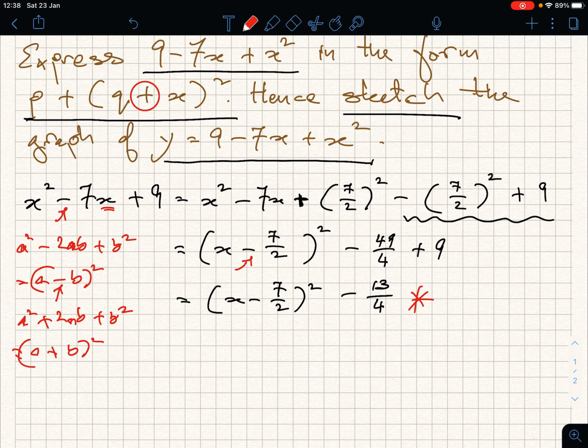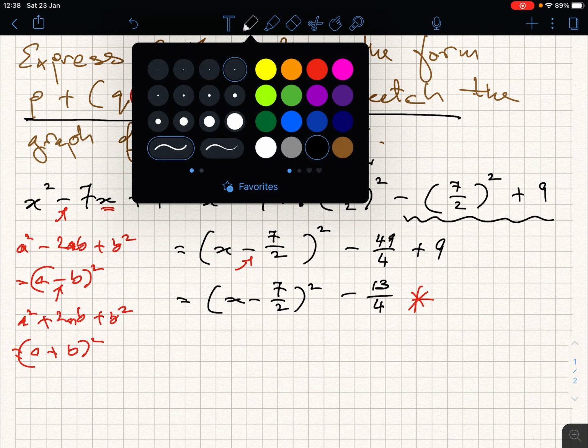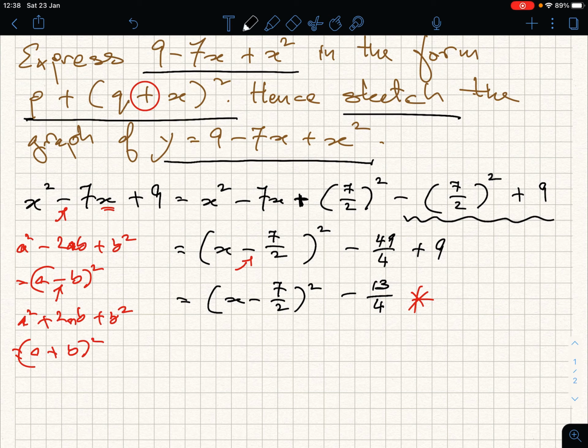But if you're worried your teacher will scold you because you didn't put it in terms of p in front and so on, you can always put the constant term negative 13 over 4 in front, plus, since q is in front of x, negative 7 over 2, plus x, then bracket squared, just to make your teacher happy.